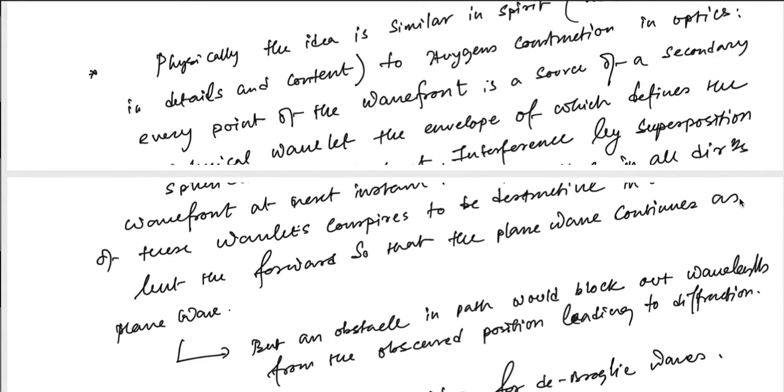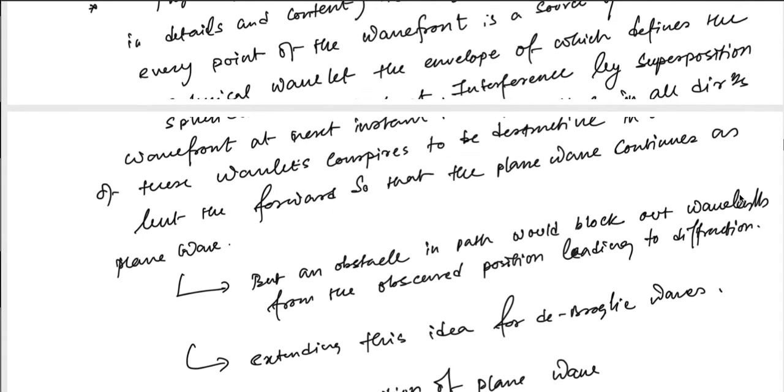Now if you put an obstacle in the path, then some of these spherical waves coming from each point of the wavefront will be obstructed, and that will distort the plane wave. How that happens is basically the idea, and that is what we are going to calculate.